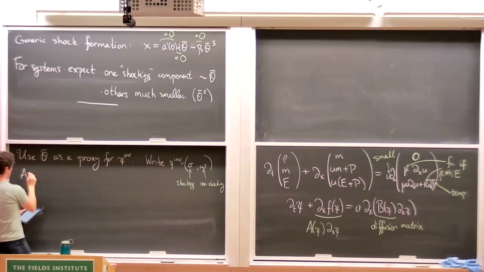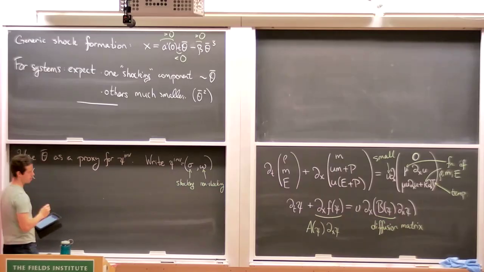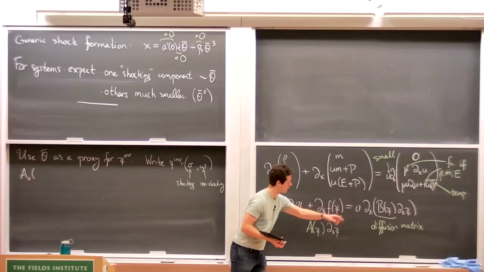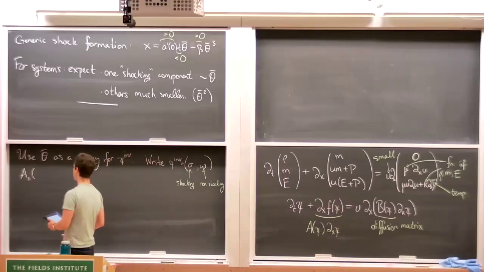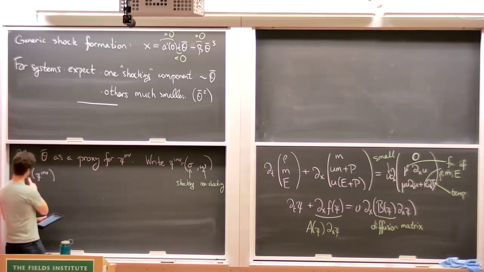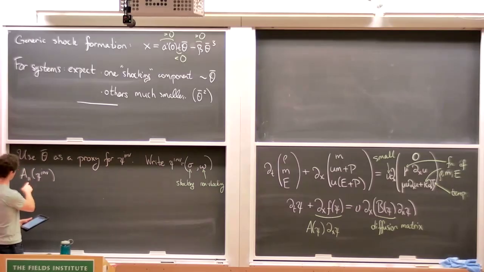So there, I need to tell you what the advection matrix is doing in that 1, 1 component, and I need to tell you what the diffusion matrix is doing. So the 1, 1 component of the advection matrix, after all the normalizations I made last time, which included a Galilean change to shift into a frame that's moving at the same speed as the incipient shock, this matrix entry should vanish at the origin.